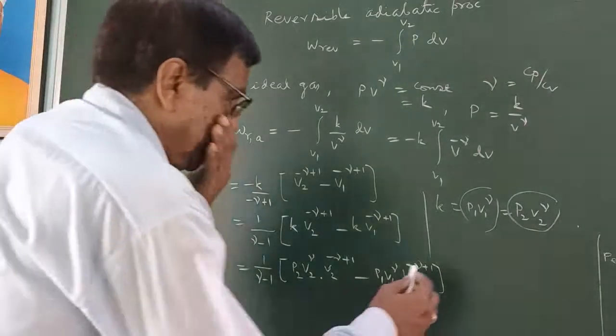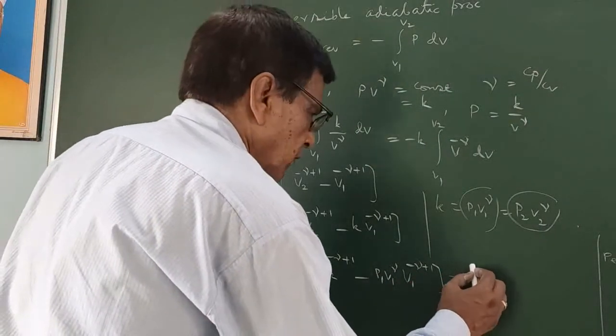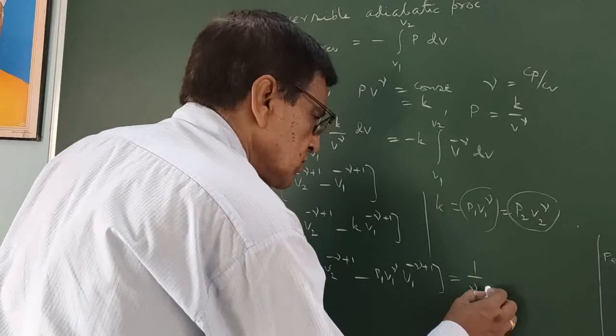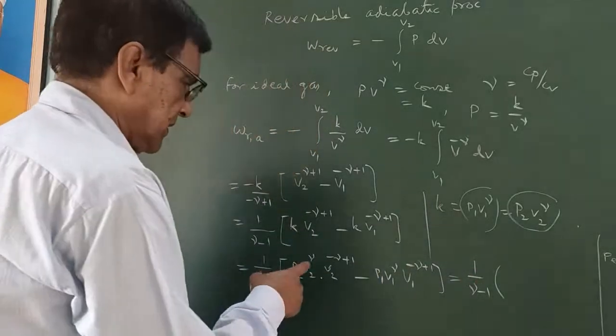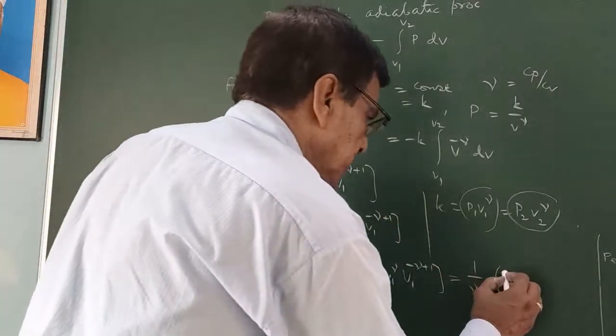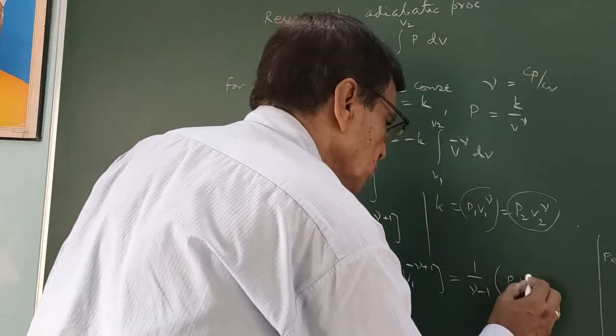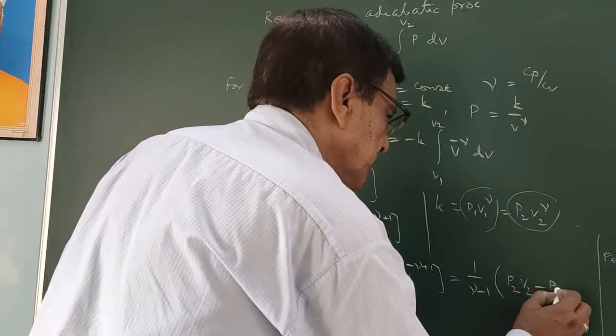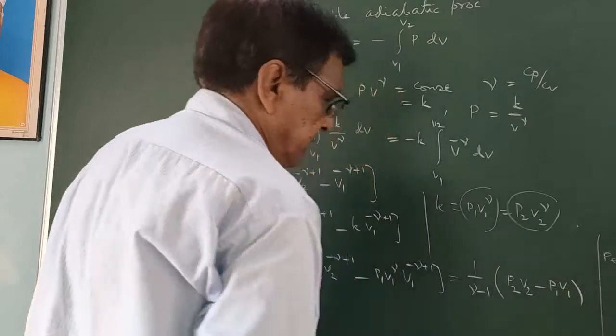Doing this, we get 1 by gamma minus 1 times P2 V2 minus P1 V1.